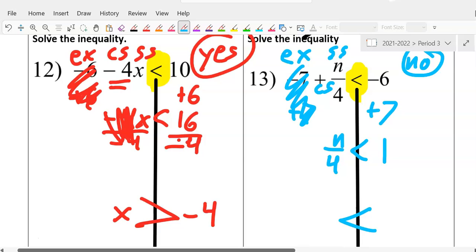Now we're going to multiply both sides by 4. Multiply by 4. Correct. Very good. And then n is less than positive 4. Very good. We're done.